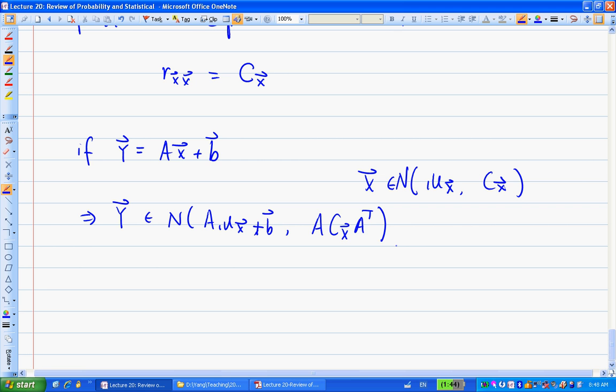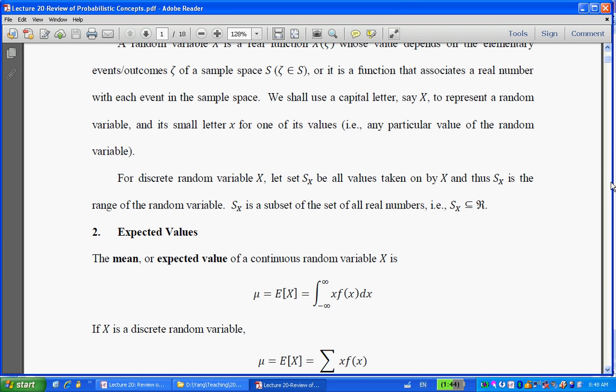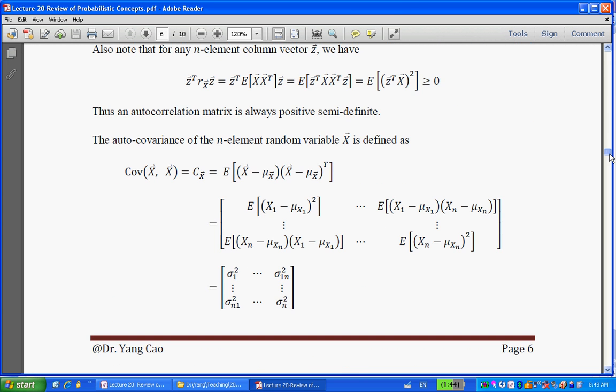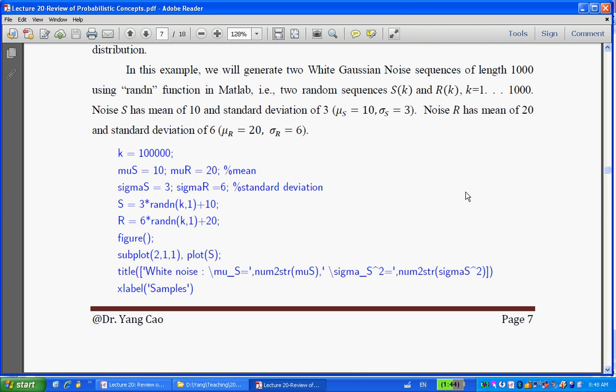Okay, so here's a little simulation. You should check it out from the lecture notes here. So in MATLAB, let's say I wanted to generate white Gaussian noise.